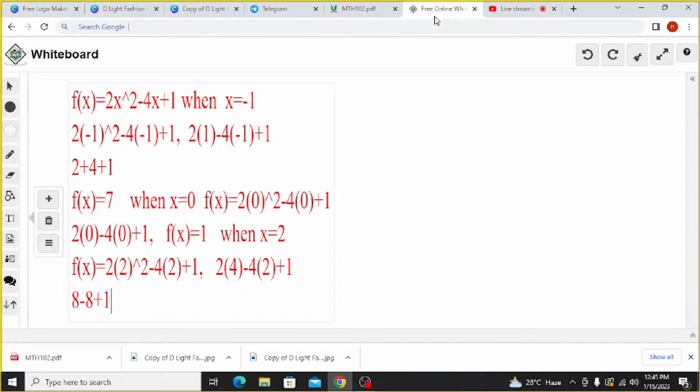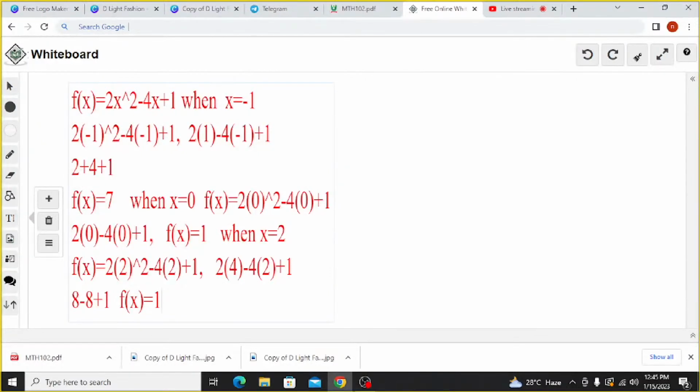Because 8 minus 8 equal to 0, our function here is now equal to 1.